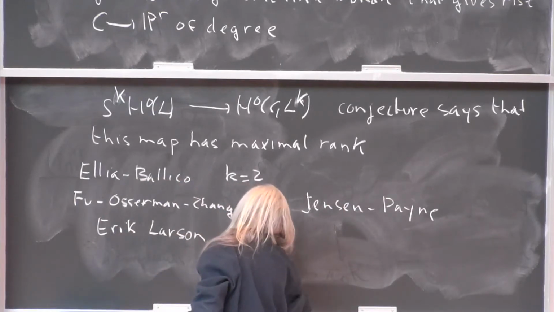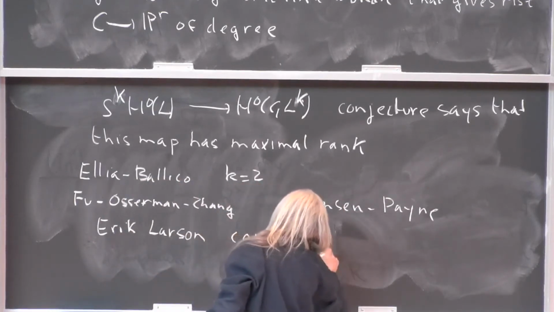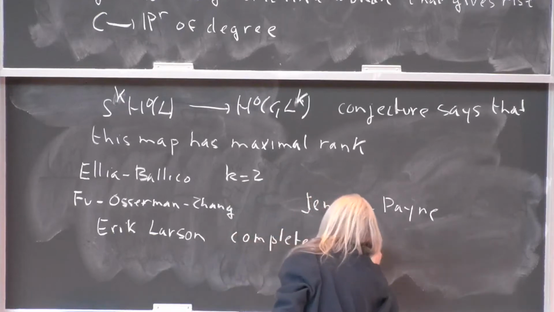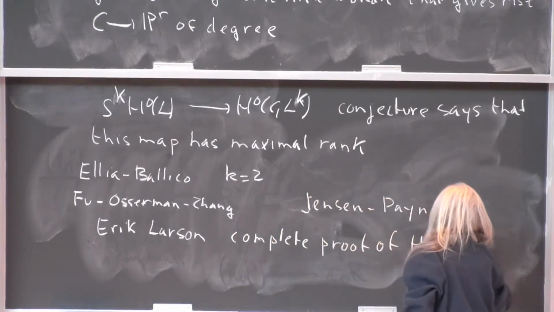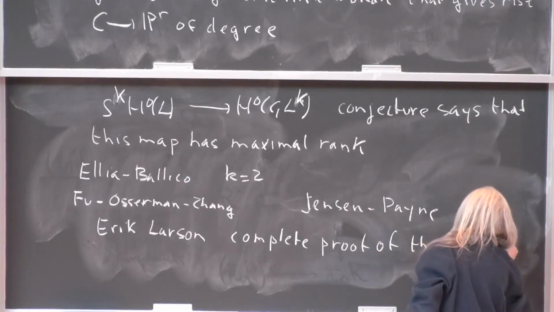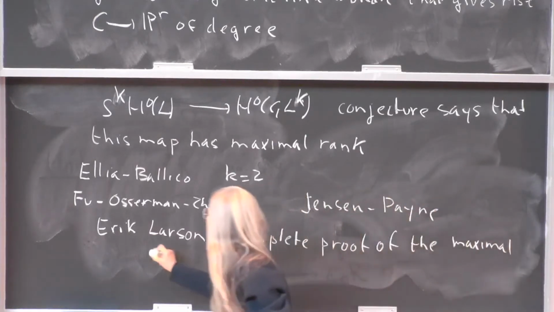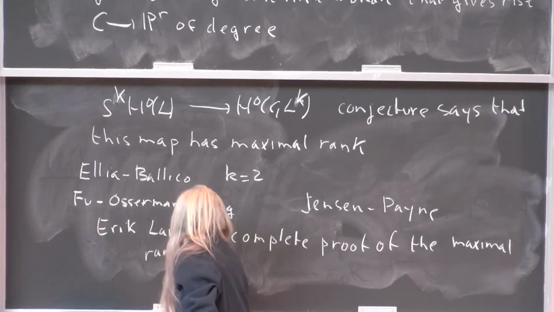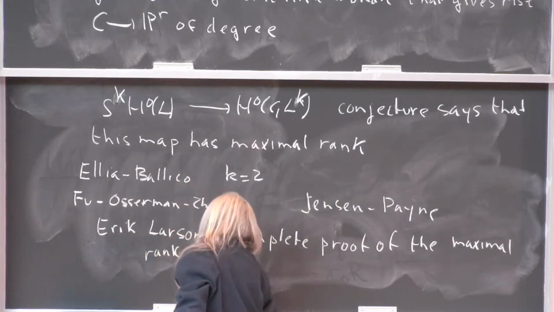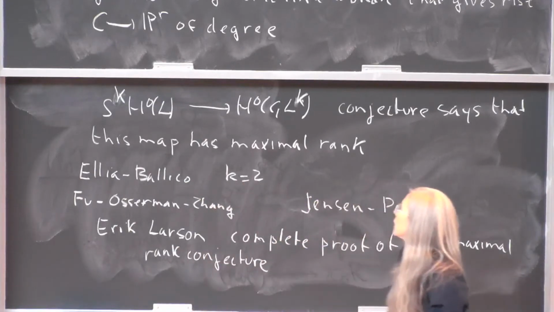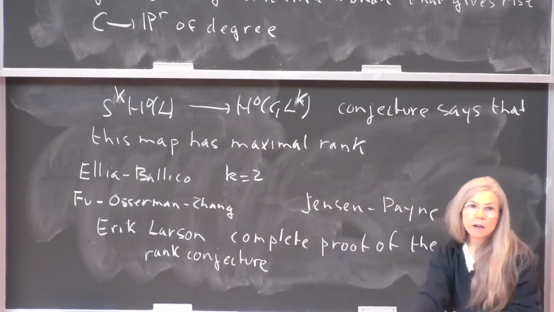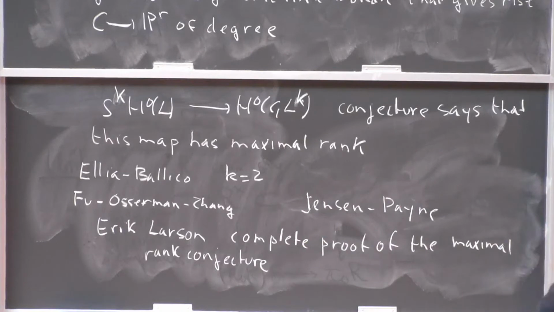So, a complete proof of the maximal rank conjecture. The initial proofs, as well as Eric Larson's proofs, make use of the curve immersed in projective space.